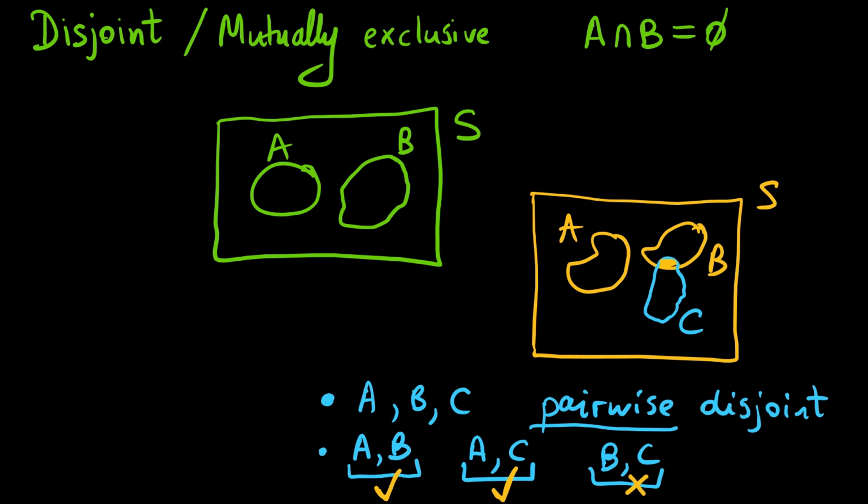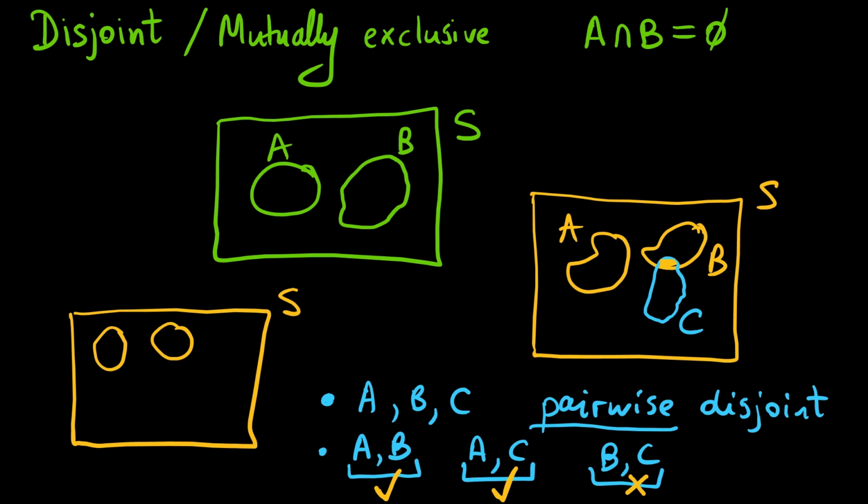So you see now that in order for us to draw a sample space with 3 or more sets, we can take a bunch of sets. I've drawn 5 sets. Because no 2 of them have any elements in common, these 5 sets are pairwise disjoint.